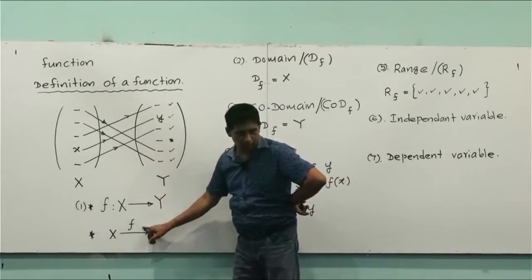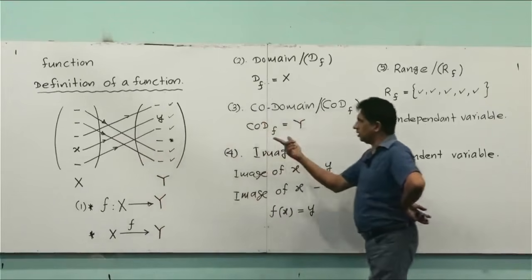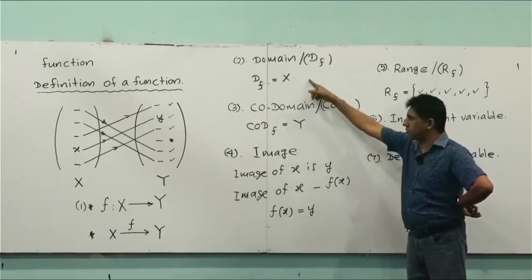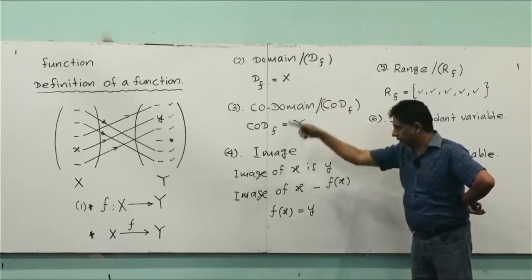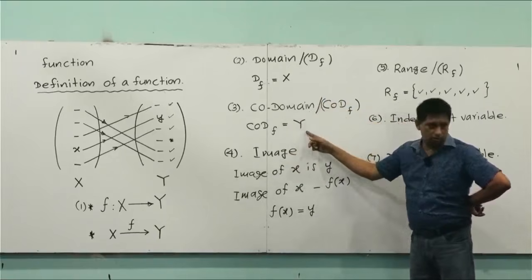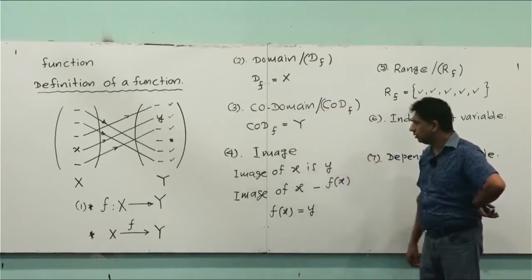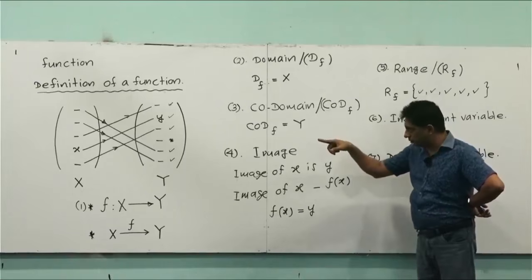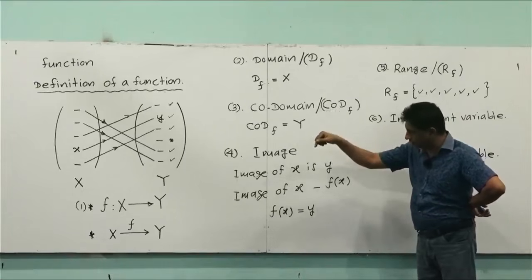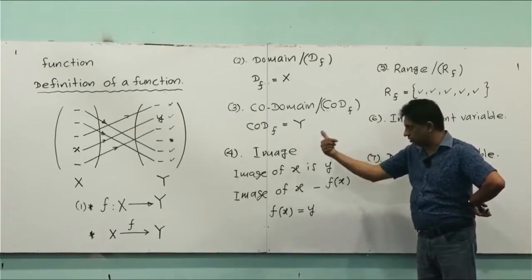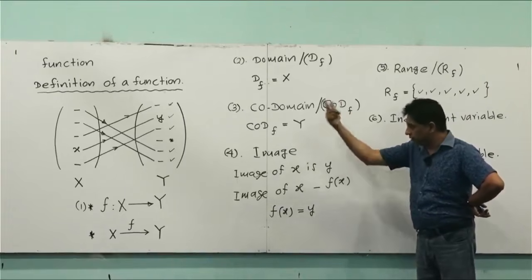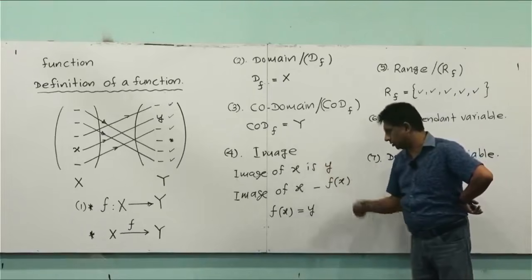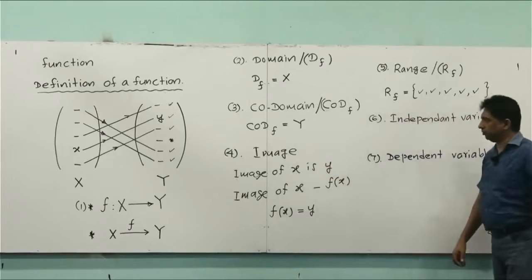The capital X set is named the domain. The capital Y set is named the codomain. Any element related from the first set to the second set is called the first set's image.